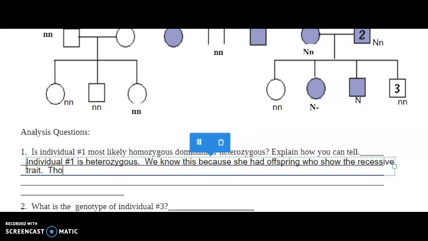Those offspring have to have 2 recessive alleles. So one recessive allele had to come from Dad, and one had to come from Mom.